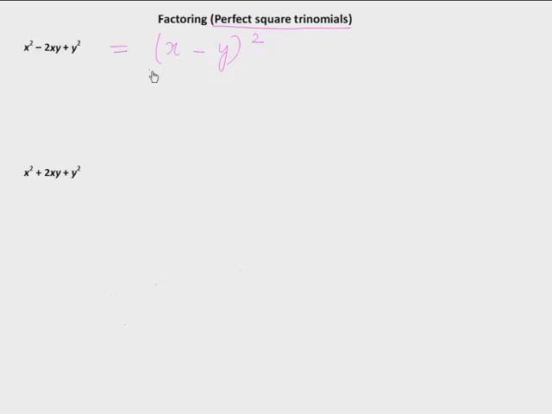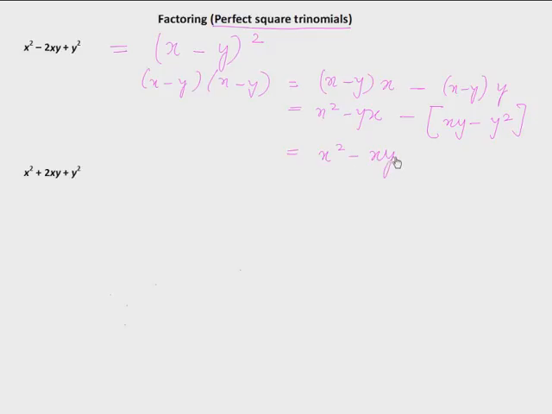Let's open this out. So this is (x minus y) into (x minus y). I distribute, so it goes (x minus y) into x minus (x minus y) into y. This becomes x squared minus yx, and put a bracket because of the minus sign, xy minus y squared. Open out the minus sign: x squared, yx will always be written as xy, minus xy, minus and minus gives me plus y squared.